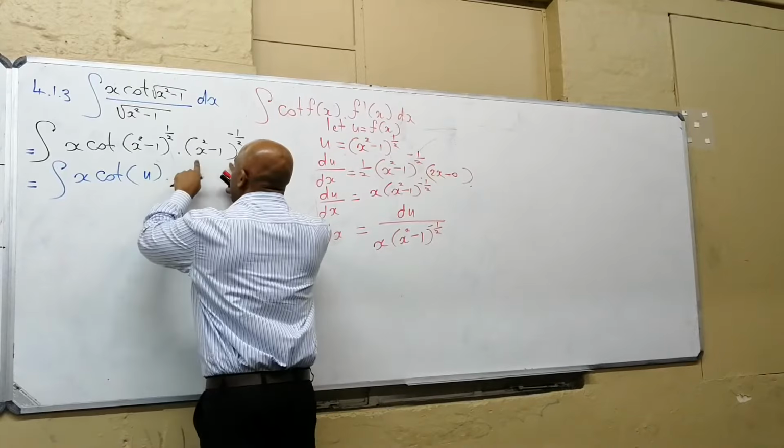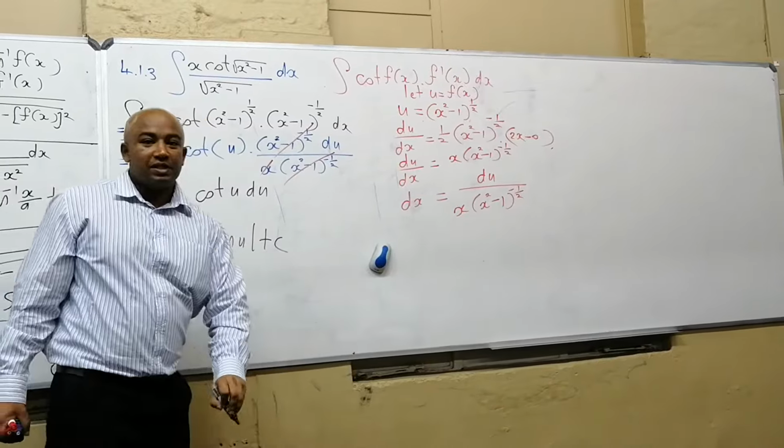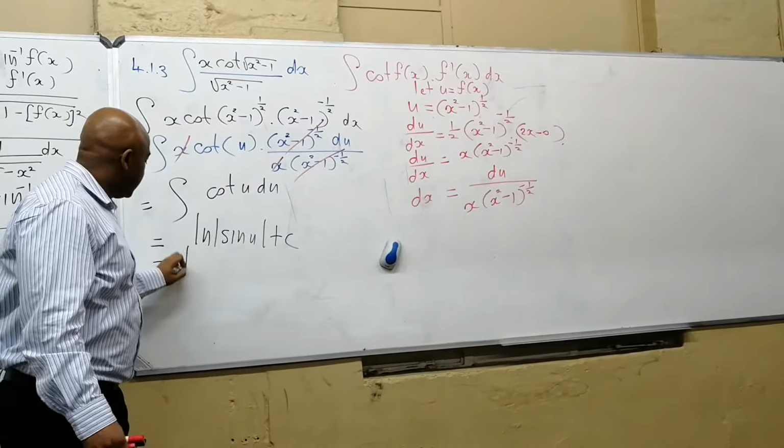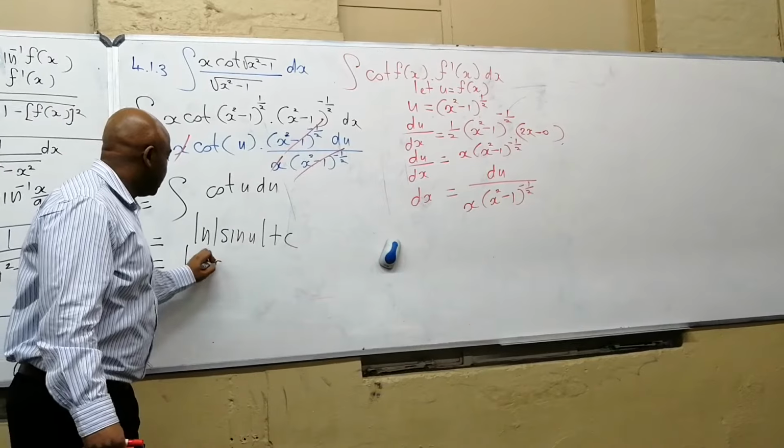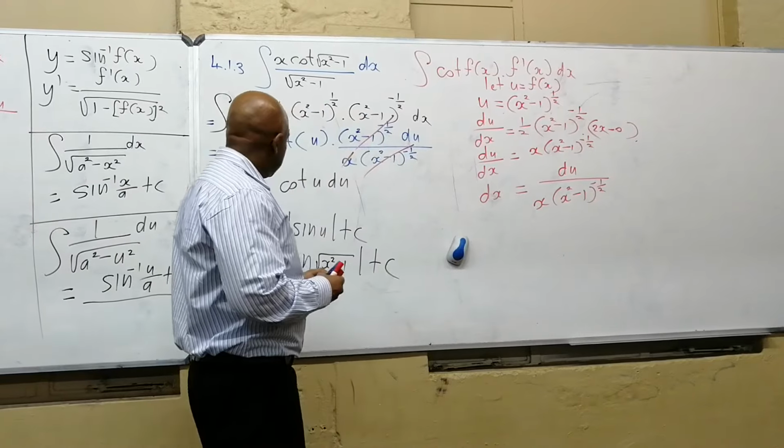So when you integrate cot, it's going to be the absolute value of sine u plus c. So that's going to be the absolute value of sine. What was u? u was the square root of x squared minus 1, plus c.